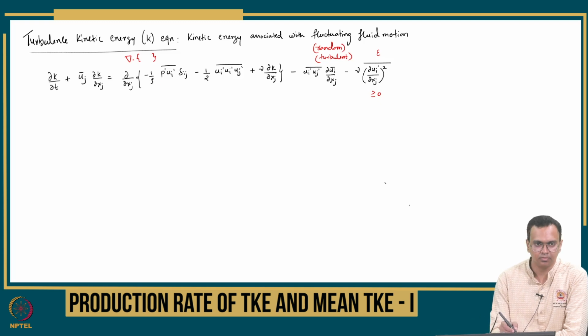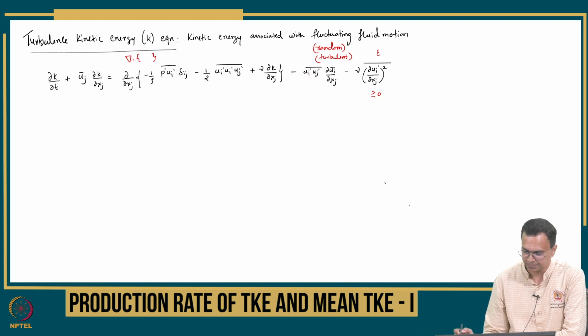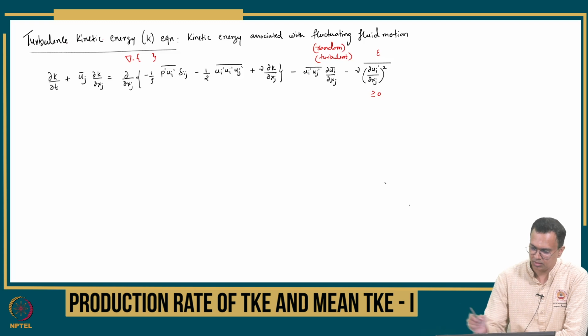Only for this particular term can we apply the boundary condition. Some ask why ui prime going to 0 at the wall is not applied to the other terms, which are present everywhere. Because that is not a divergence term, so we cannot do a volume integral and apply the Gauss divergence theorem there, right? So now the only question remaining is why this particular term is called the production rate.